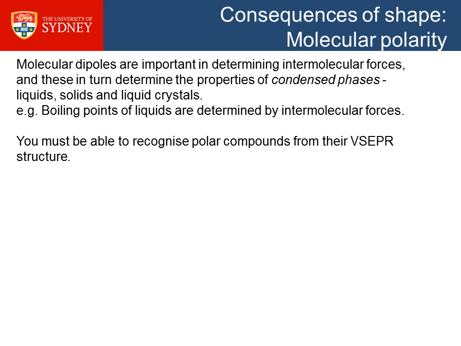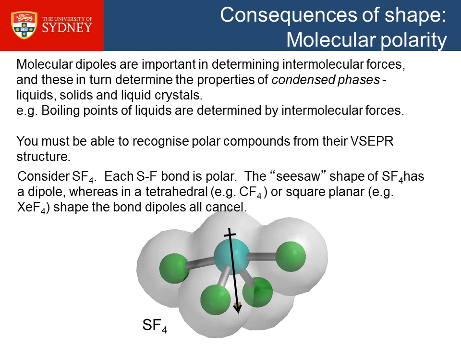It is important to know about molecular polarity because the interaction between molecular dipoles determines many physical properties of condensed phases, such as boiling points of liquids. You must be able to recognize the polarity of a molecule based on the VSEPR structure. For example, the molecule SF4, which takes on a seesaw shape, has a dipole.